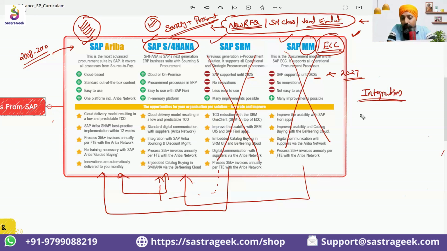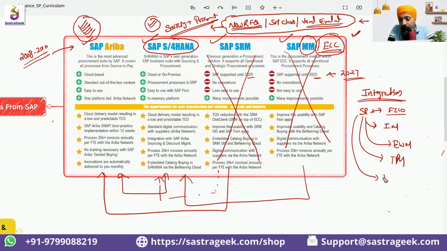Your sourcing and procurement module integrates with finance, inventory management, extended warehouse management or warehouse management, transportation management (TM), production planning, and planning tools like MRP. All this integration with the different businesses would be very strong in S4HANA.